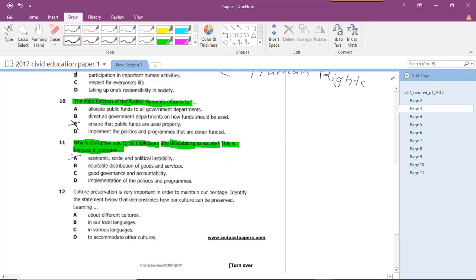So this becomes the answer. B, it promotes equitable distribution of goods and services. This is good. Good governance and accountability, no. Implementation of policies and programs, no. Why is it considered unpleasant and devastating in society? Because it promotes economic, social, and political instability.